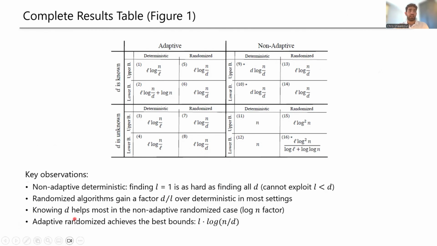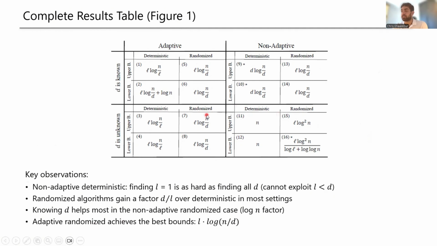And we also can see that the adaptive randomized achieves the best bounds, which is L log n divided by D, the lowest test bounds here.